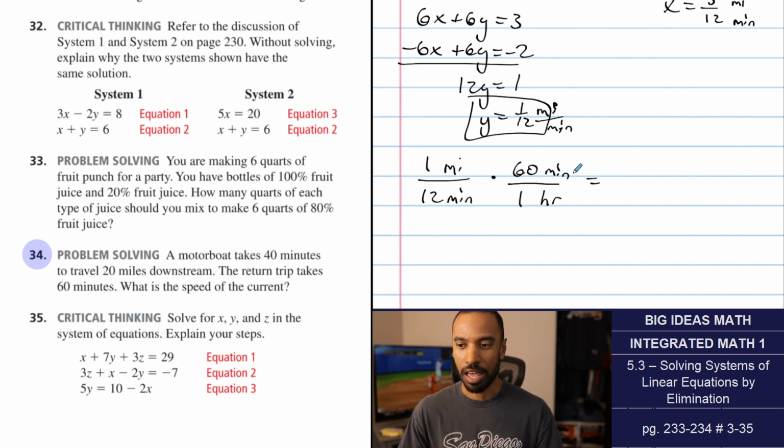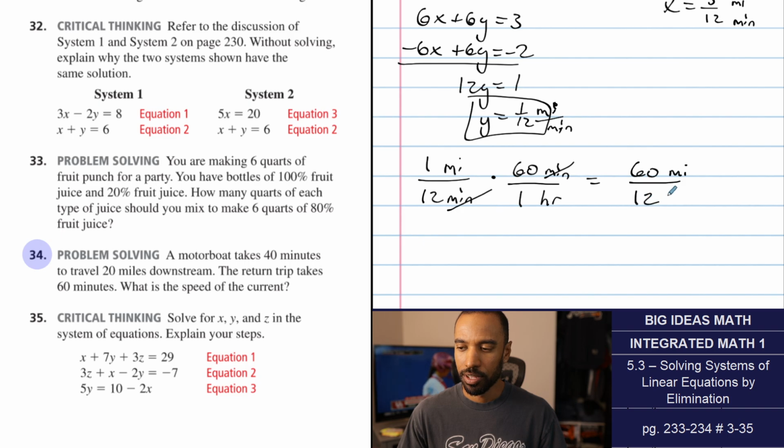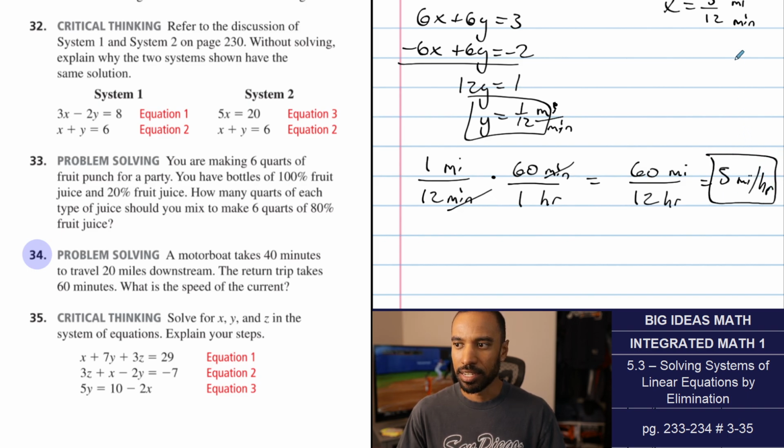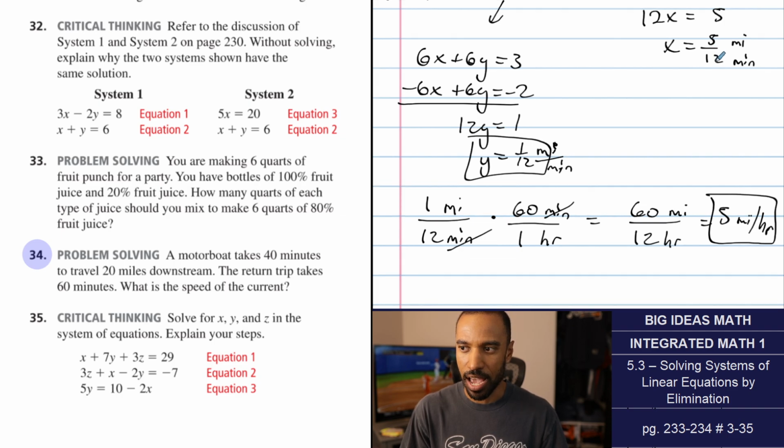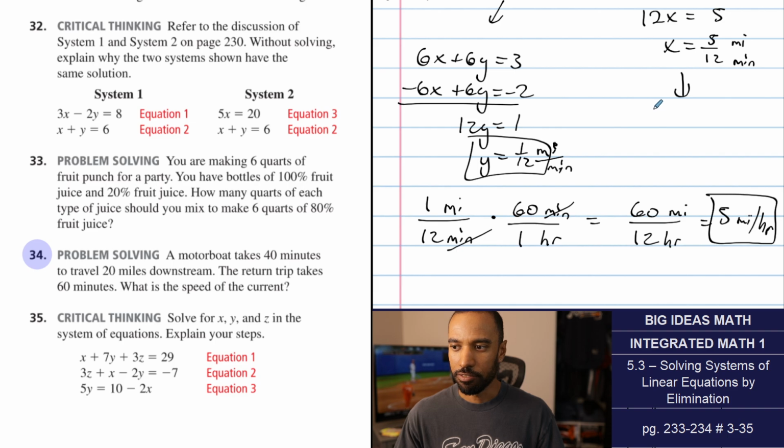Maybe this would have left fewer fractions. But minutes cancel here. You get 60 miles per 12 hours, which is 5 miles per hour. So the speed of the current is 5 miles per hour. And I suppose if I multiplied this one by 60, I would get 25 miles. The speed of the boat is 25 miles per hour.